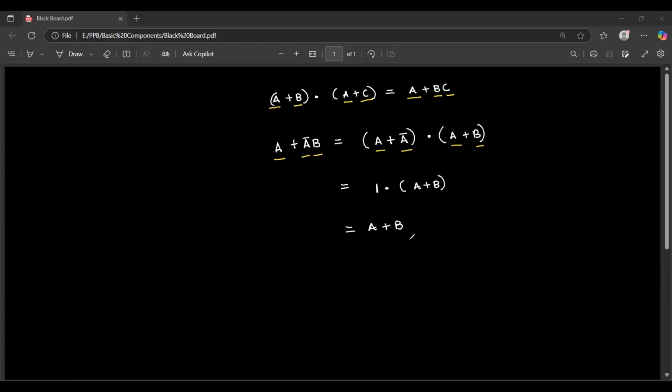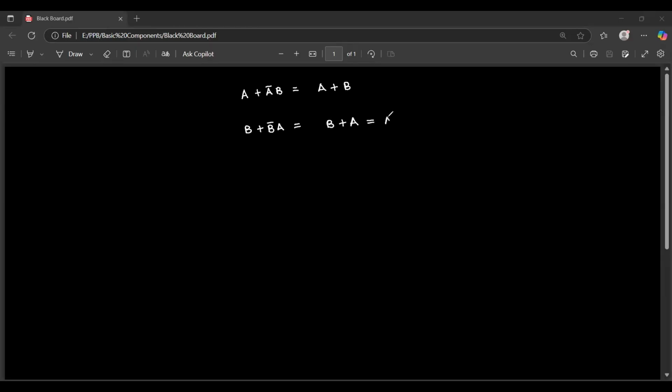There are so many things in the redundancy law that you can derive by just applying it. First of all, we have A plus A bar B is equal to A plus B. So what do you think B plus B bar A is? That is equal to B plus A according to the redundancy law.